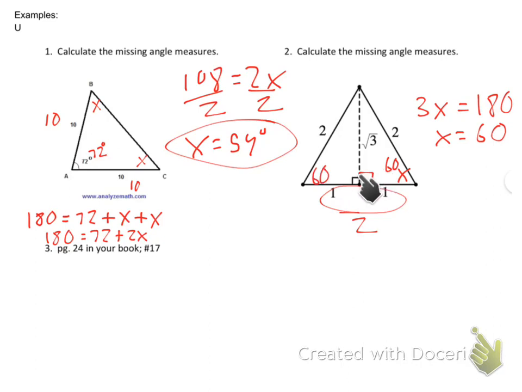So 60, 90, what's left for the top? They have to add up to what? 180. So 180 minus 90 minus 60 is 30 degrees. And there you go.